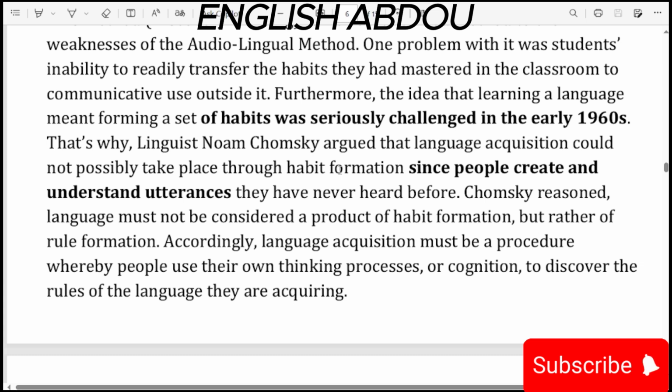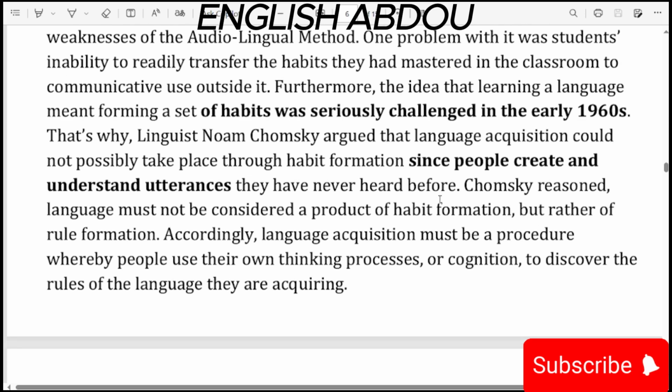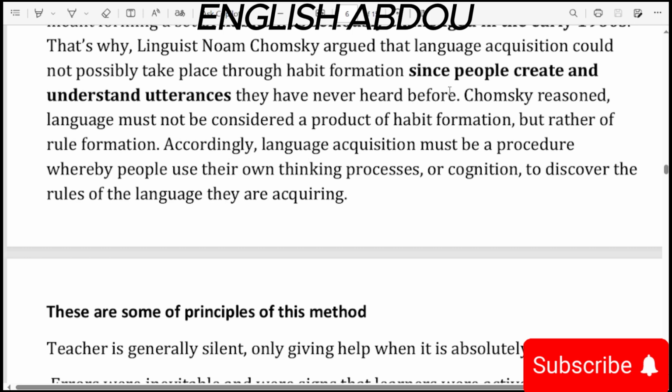It means we can make a habit and we start with it, but as long as people are creative and have some mechanism, they can create something of their own. So this is true. As humans we can create something new. Just by words we can make millions of sentences from a small amount of words.